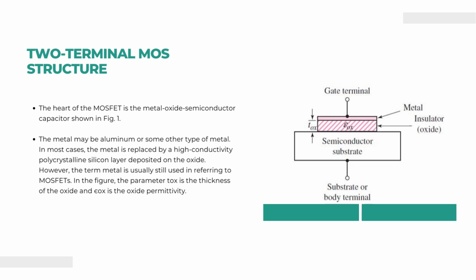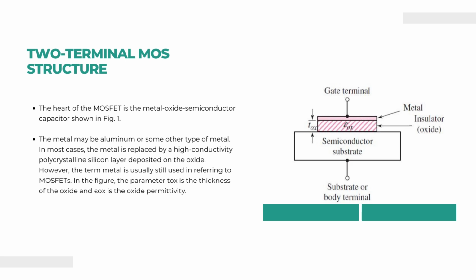This oxide thickness is generally represented as Tox, and we can see there is a plate of metal, then an insulator, then again a semiconductor. So, we can observe there are two plates with a dielectric layer or an insulating layer between them.